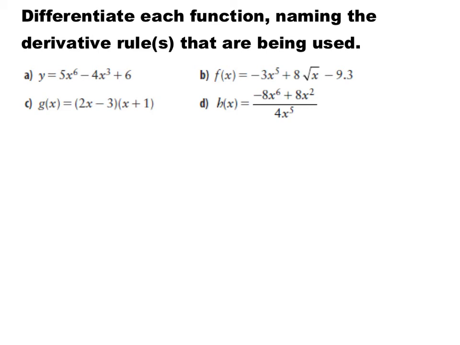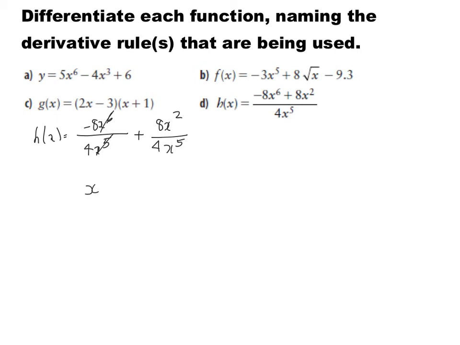To do this one, I'm going to break the fraction into two parts. So I'm going to write negative 8x exponent 6 divided by 4x exponent 5 plus 8x exponent 2 divided by 4x exponent 5.